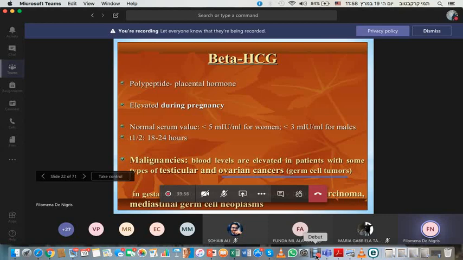But when this marker is present, we have a good indication that this man has testicular cancer, or a certain type of ovarian cancer.